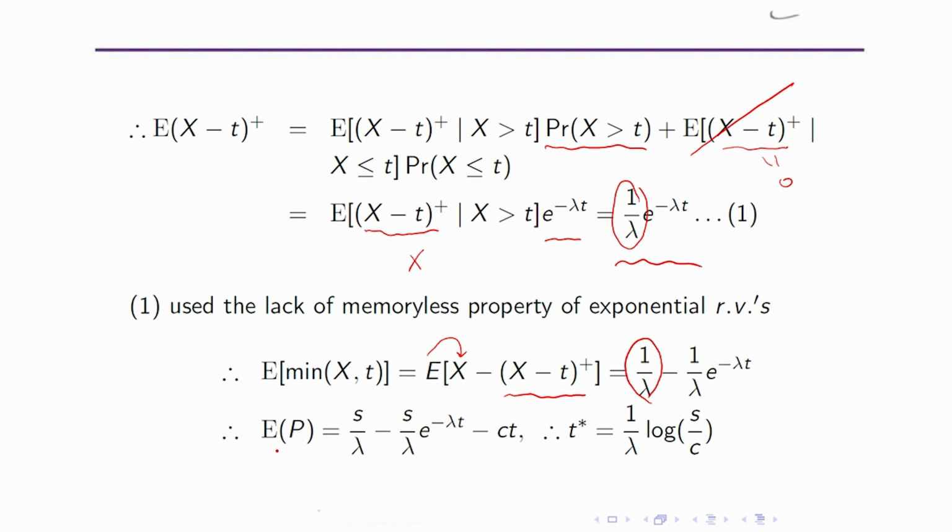So it turns out that the expectation of the profit P will be S over lambda minus S over lambda exponential to the power of minus lambda t minus Ct. And then we can take the derivative with respect to t of E[P], set it to 0, and solve for t. So t will be 1 over lambda log S over C.